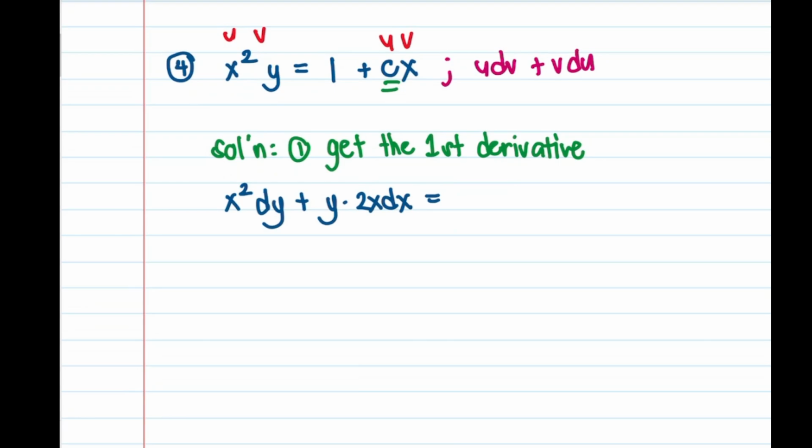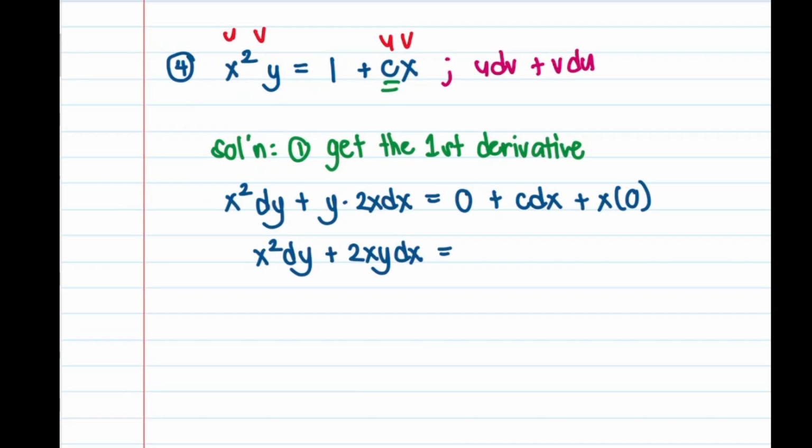Equivalent to the derivative of 1 is 0 plus u dv is c. Derivative of v is dx, c dx plus v du. v is x plus the derivative of a constant is 0. Okay, so let us simplify. So that one will be x squared dy plus 2xy dx equivalent to c dx.